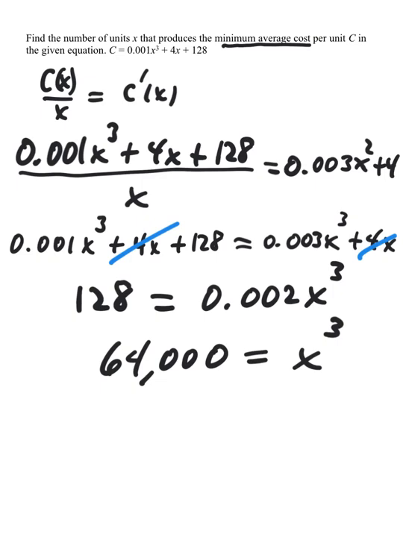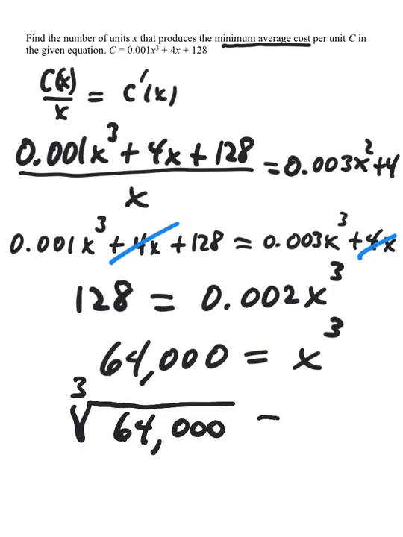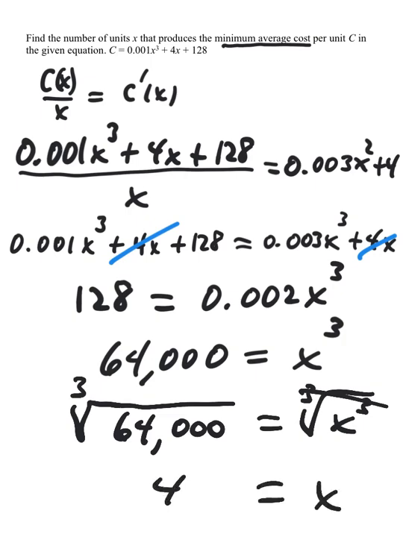And to eliminate x cubed, to get it just to x, we're going to take the cube root of both sides. Cube root of 64,000. Cube root of x cubed. Those will cancel, and that leaves us with x equals 40.